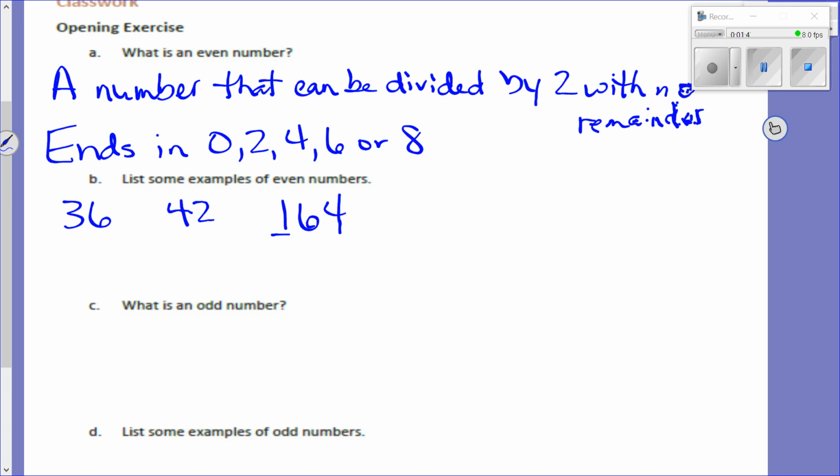It's only what it ends with that tells us what an even number is. We'll do one more. Xavier? 1,560. 60, okay. Yes. You had me worried when you said 69.